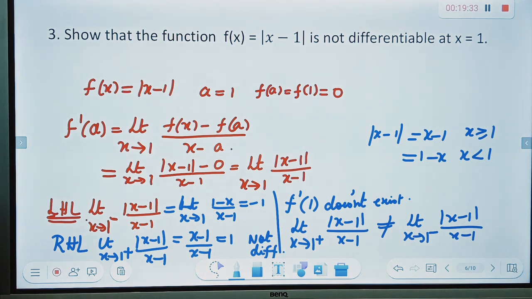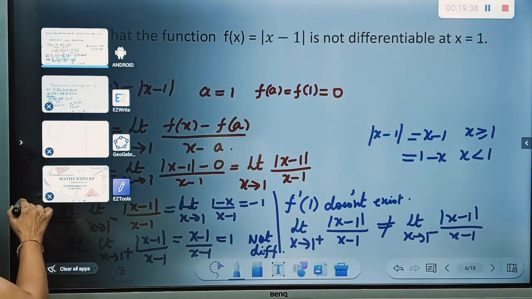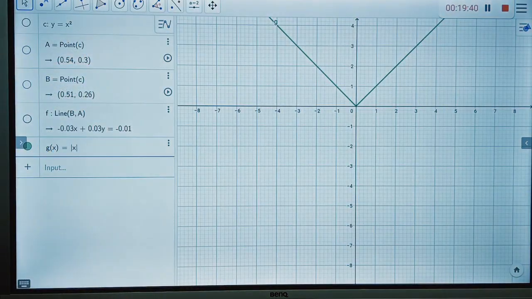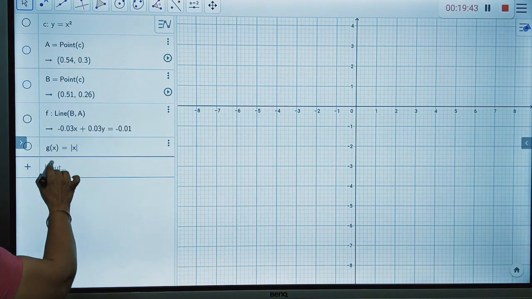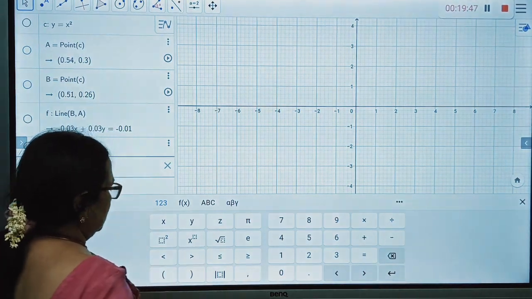So even from the graph, suppose you look at the graph. Okay, so I am just going to type y equal to modulus of x minus 1.